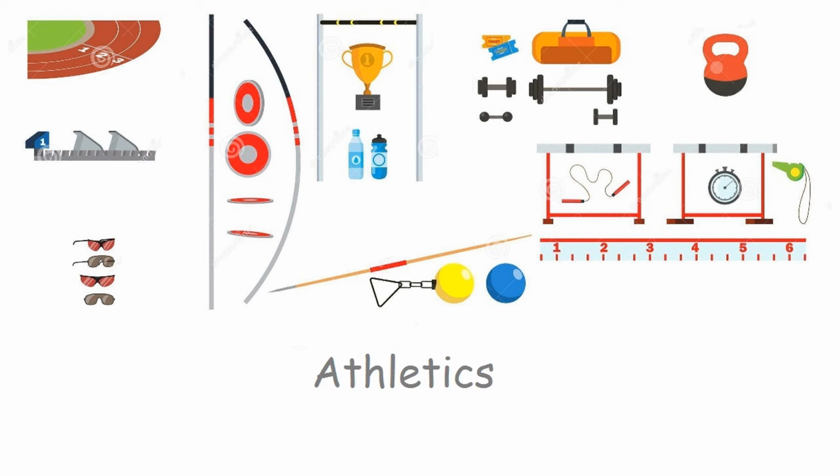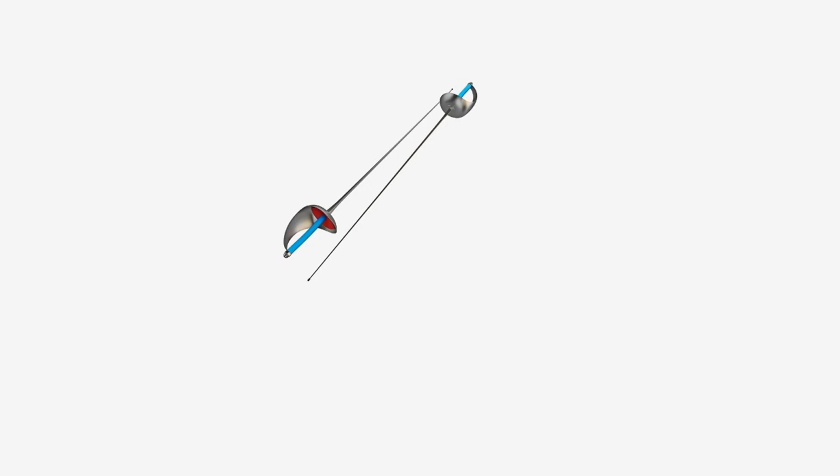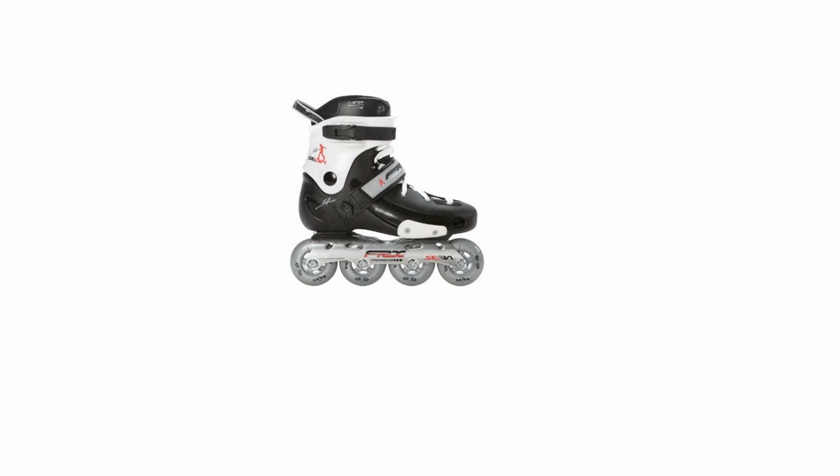Next, we have a couple of swords used in the sport of fencing. And finally, we have a shoe on wheels. This is a roller skate, and the sport is roller skating.